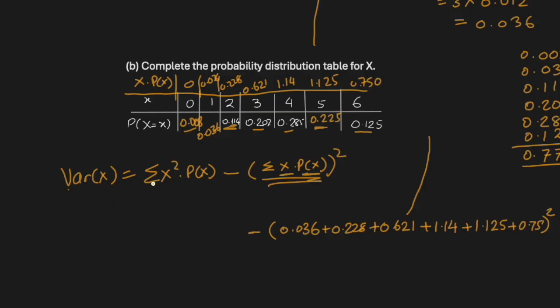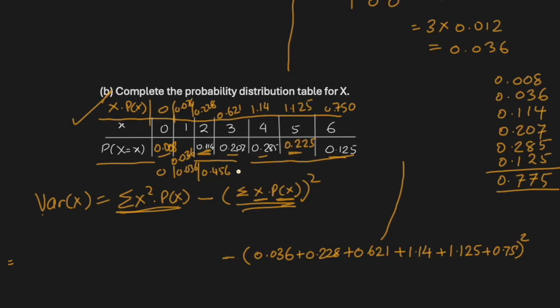Now for this I'll have to square the X and then multiply with the probability. Because it needs a lot of calculation, I will fast forward it. So I will make that table here. 0 squared times this will be 0, so nothing big here. 1 squared is again 1, so 0.036 again, and then it will take some time.